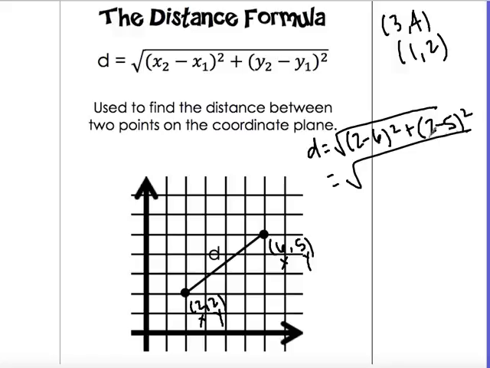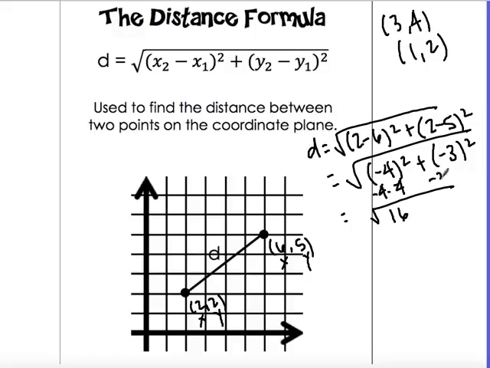So you keep going, say 2 minus 6 gives you negative 4 squared. Plus, excuse me, 2 minus 5 gives you negative 3 squared. So your negative 4 squared is really negative 4 times negative 4, which would give you positive 16. Negative times a negative is a positive, and 4 times 4 is 16.